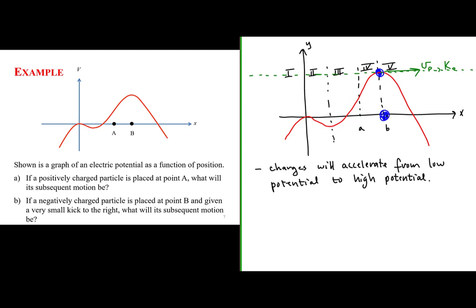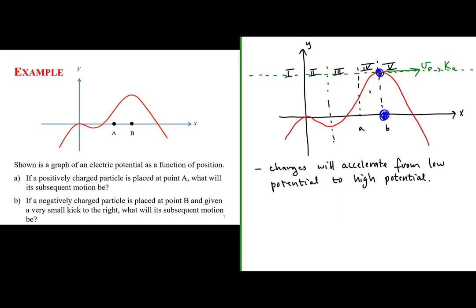So as this electron moves to the right, it will slow down because it's moving from high potential to lower potential. This is because there's an electric force acting on the electron that tries to take it from low potential to high potential.